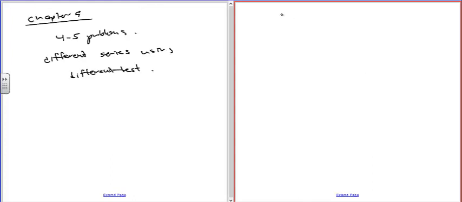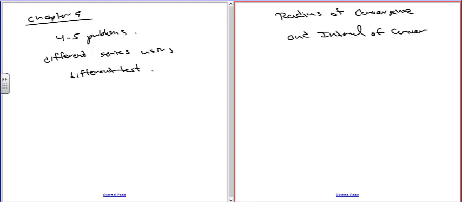Now, we also spent a lot of time on radius of convergence and interval of convergence. Again, I'm not going to go through a specific example, just give you the basic idea so you understand what we're doing here.